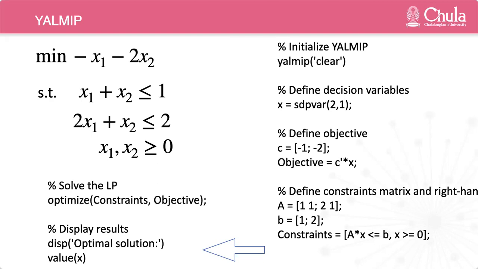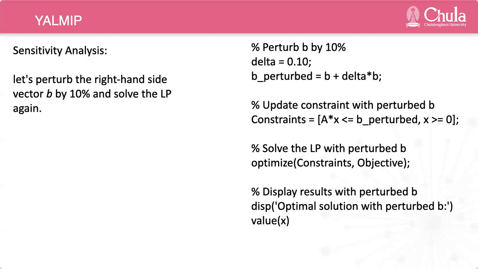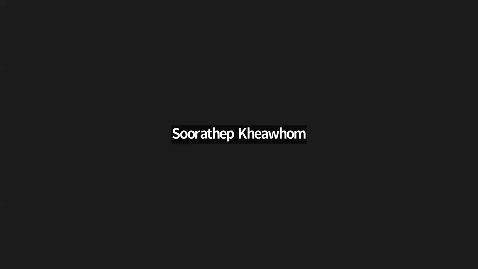For example, for this problem, solve the LP: initialize YALMIP with clear, then declare the decision variable, and then define the objective and constraints. And sensitivity analysis. Yes, it is done. We finished the linear programming.